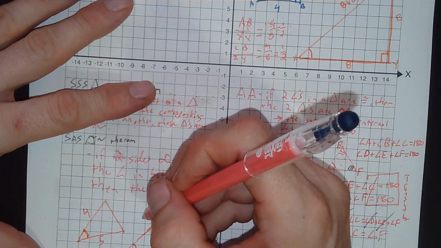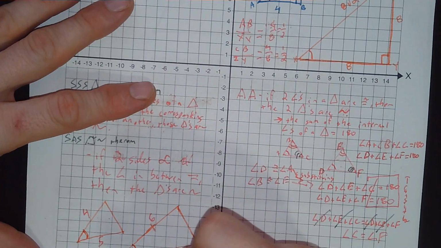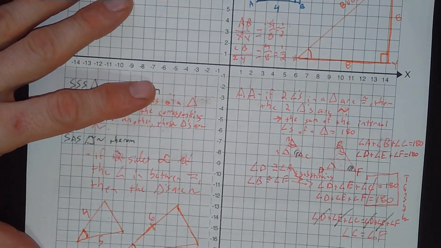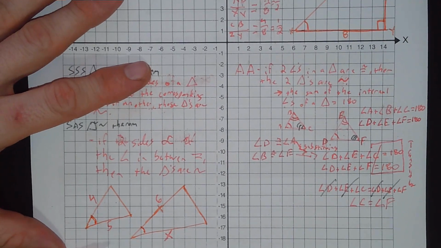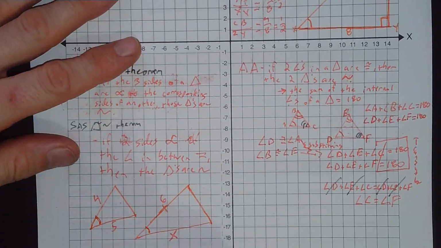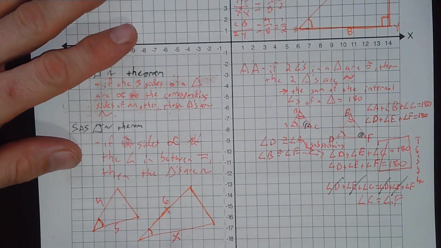What would this need to be in order for these two triangles to be similar?